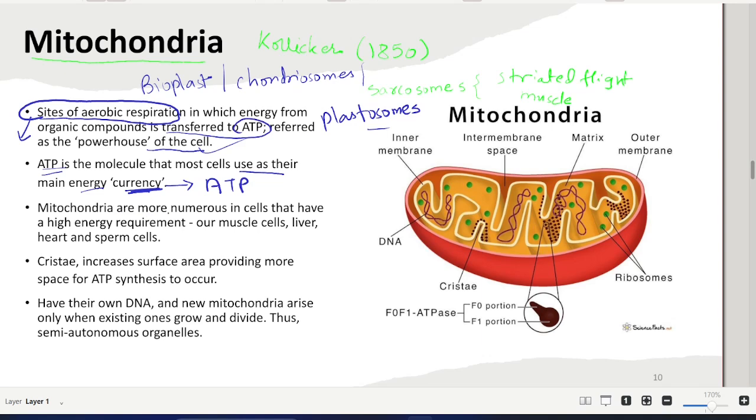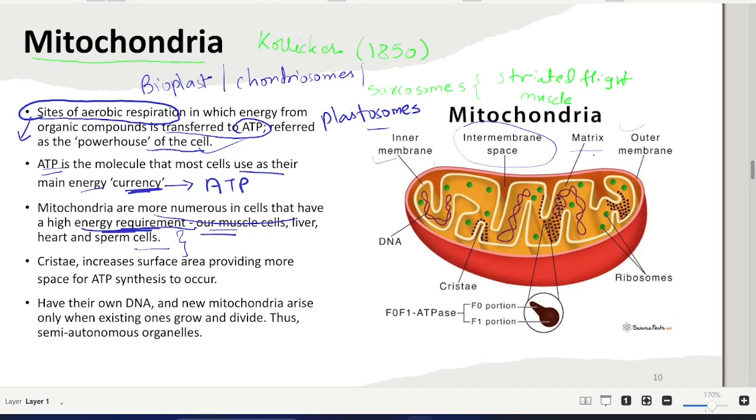And mitochondria are more numerous in the cells that have high energy requirement, that is in the muscle cells, liver, heart, and sperm cells. Look at this figure of mitochondria where we can see there are two layers, the outer membrane and inner membrane, and in between there is the intermembrane space.